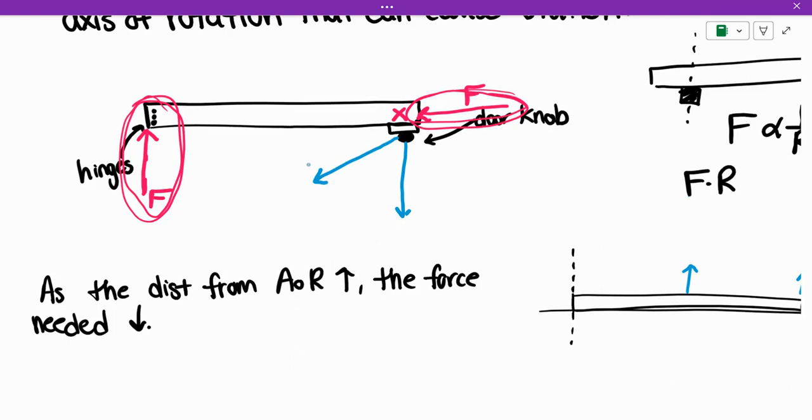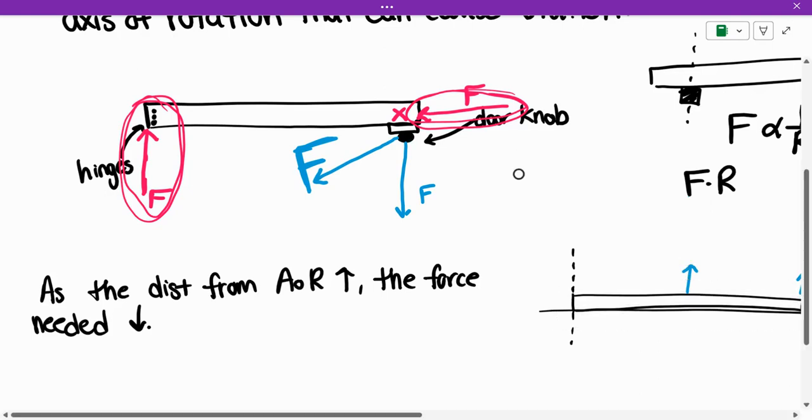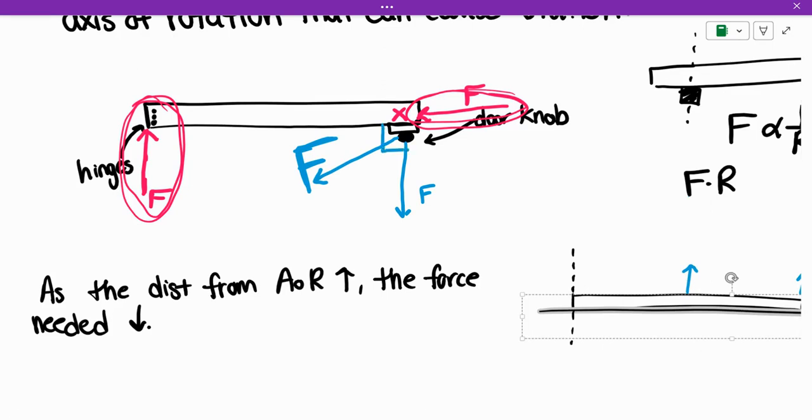My guess is you're going to have to apply a little bit more force to open the door than if you apply it perpendicularly. So again, this is telling me that the direction I apply the force matters, and that the easiest way to apply the force is kind of perpendicular to the door.